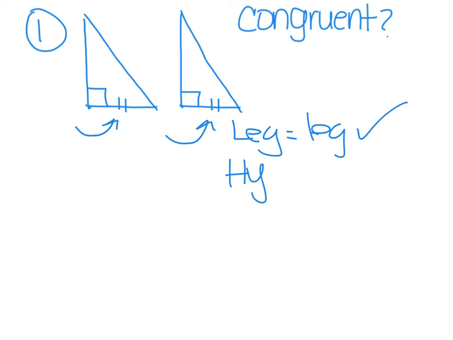We need a hypotenuse that's equal to another hypotenuse. Well, take a look. The hypotenuse is across from the 90-degree angle. Do you see any markings? No. Over here, do you see any markings? No. Can we say that this side is congruent to that side? No. So are these triangles congruent? And the answer is no.